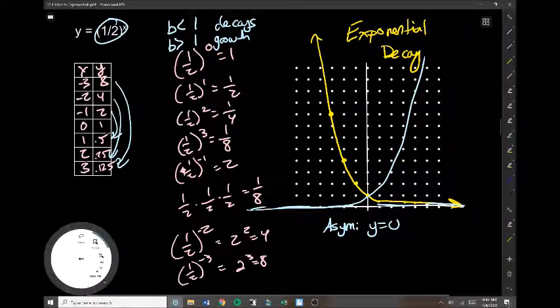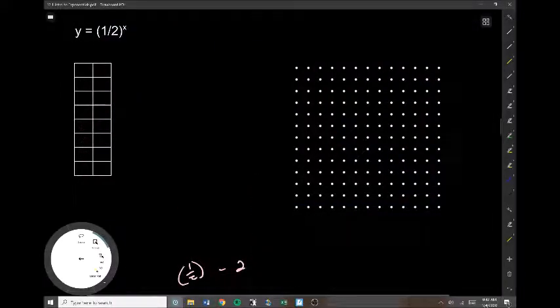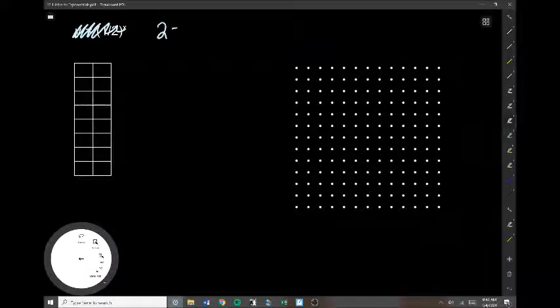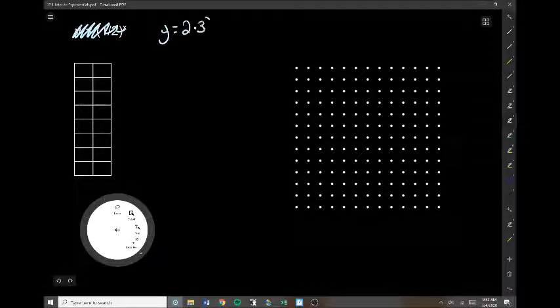So I'm going to create real quick one other equation for us to graph. We are going to graph the equation y equals 2 times 3 to the x minus 4.